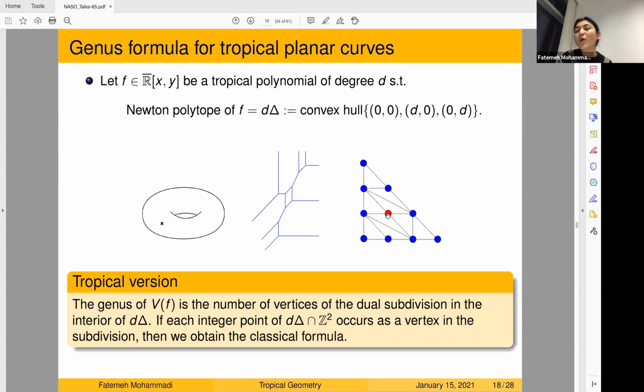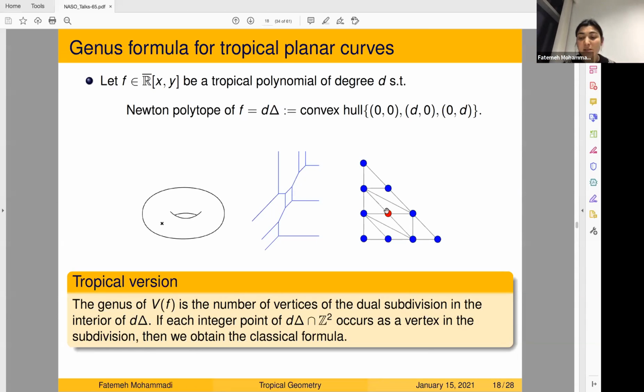So this point would be in the interior of your polytope, but without any edge attached to it. Of course, the polytope contains this point, but you won't see it as a vertex in the subdivision, right?